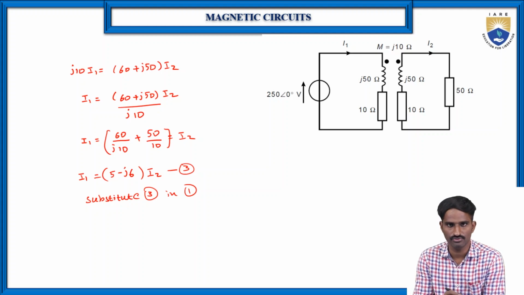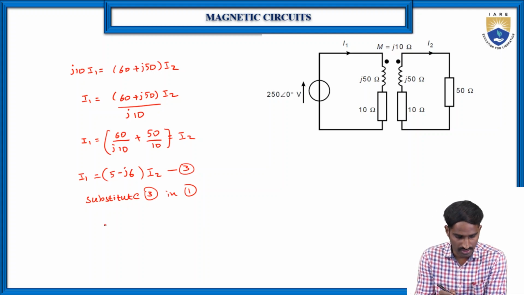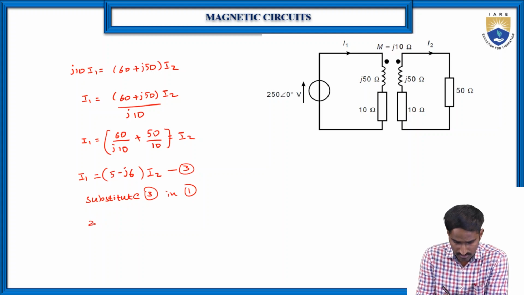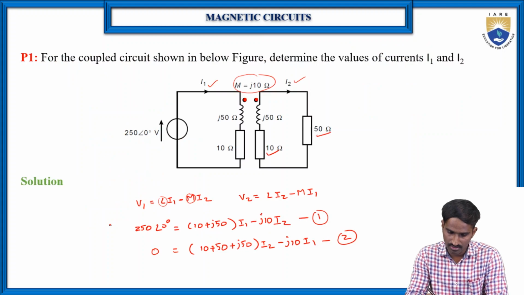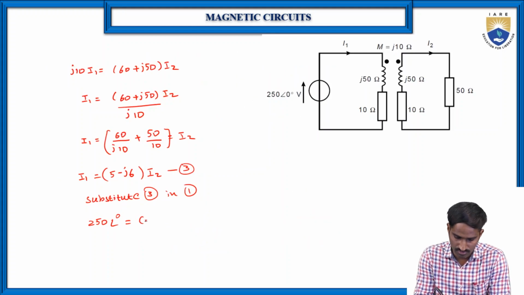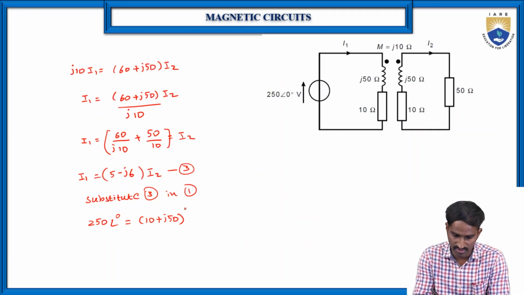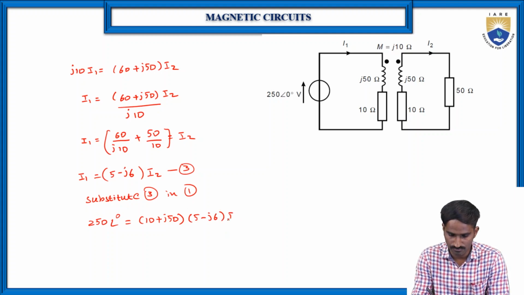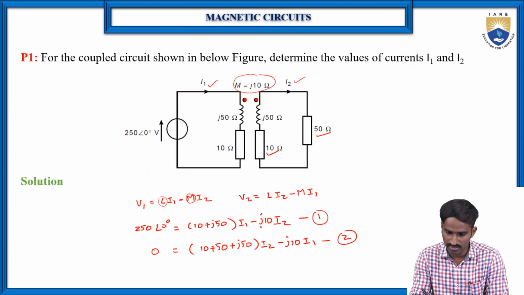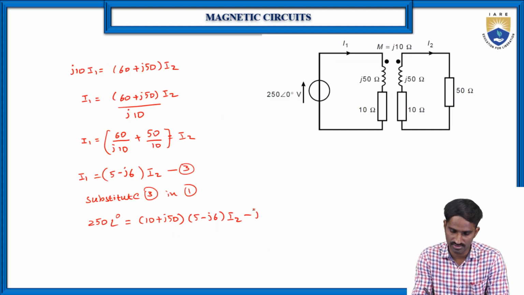The equation number 1 is 250 at an angle of 0, which is equal to (10 + J50) into I1, and I1 is (5 - J6) into I2, minus J10 into I2.